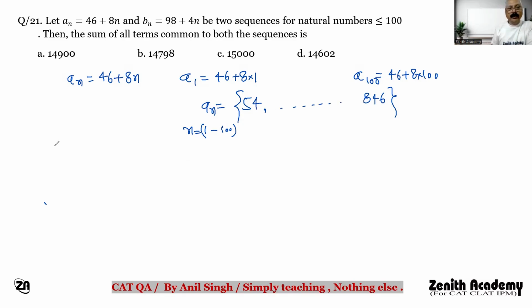The second series is Bn, and this is 98 plus 4n. So here the first term will be 98 plus 4, 102. And 98 plus 4 into 100 is 498.